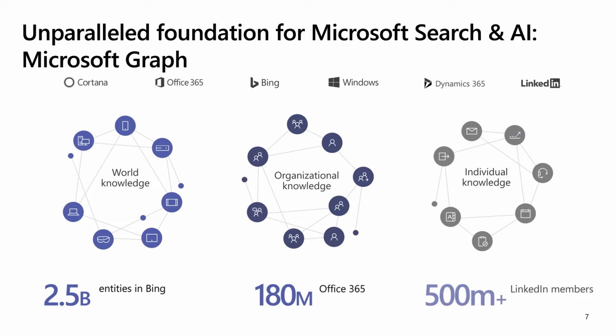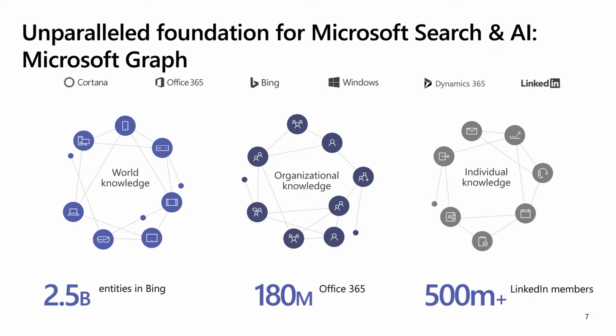To start with, before we go into any of the specifics, let's look at the foundation of Microsoft Search and AI, which is based on Microsoft Graph. Now, what is Microsoft Graph? In simple terms, it's a connected brain of world knowledge, organizational knowledge, which is information in your organization, as well as individual knowledge.